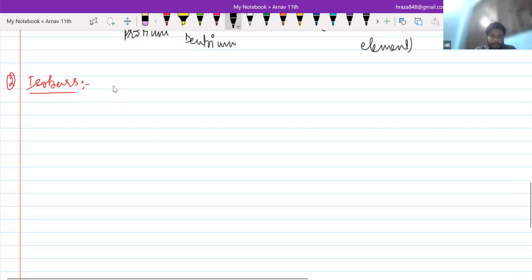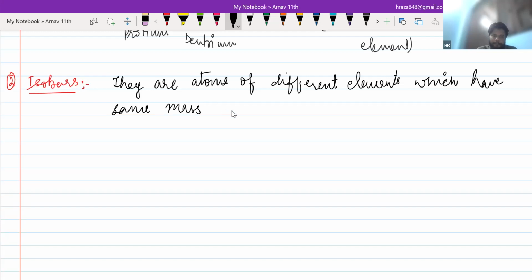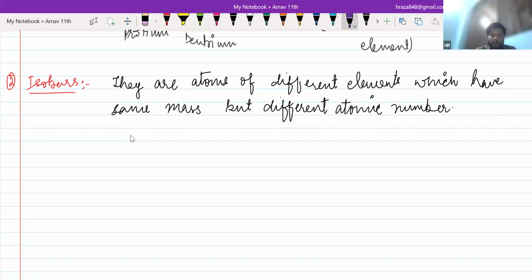So I'm going to define: they are atoms of different elements which have the same mass but different atomic number is called isobar.